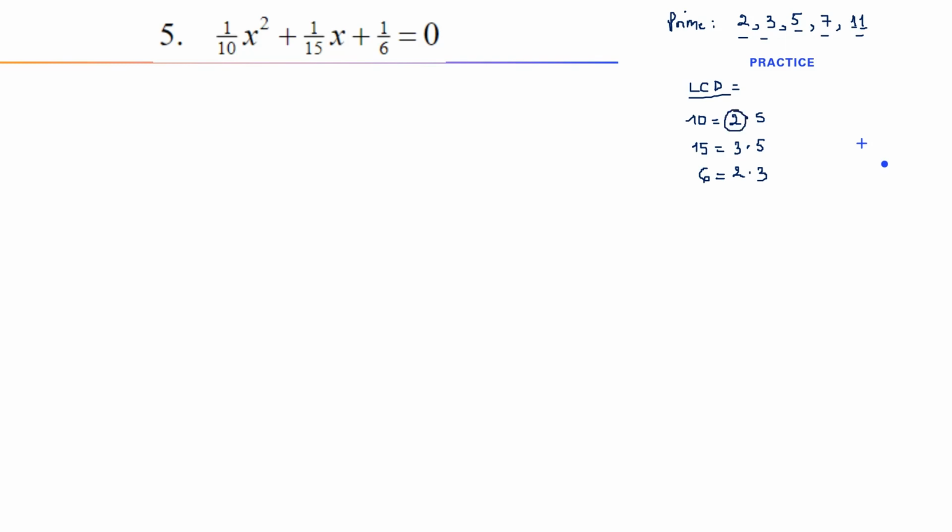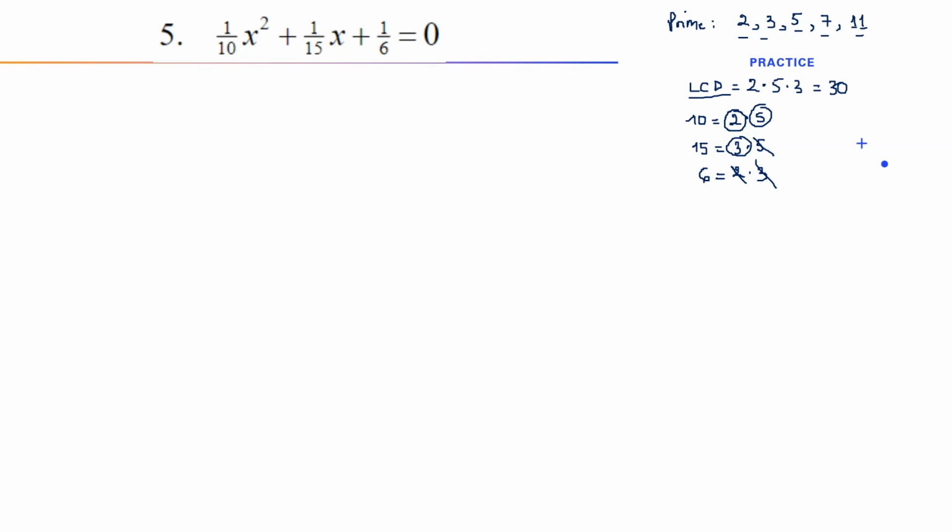So the first one I choose 2. We see this one has another factor of 2, so we just take it once already, we don't need the second one. So 5, this one crossed, now 3 left, right? So 2 times 5 is 10, times 3 is 30.